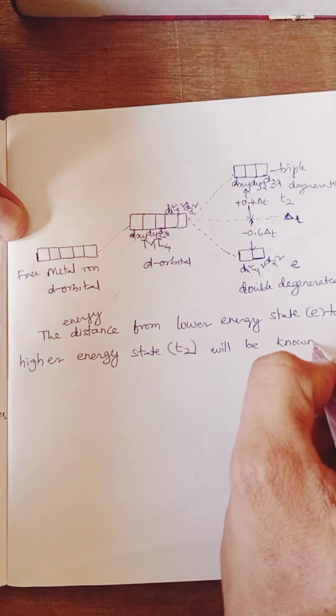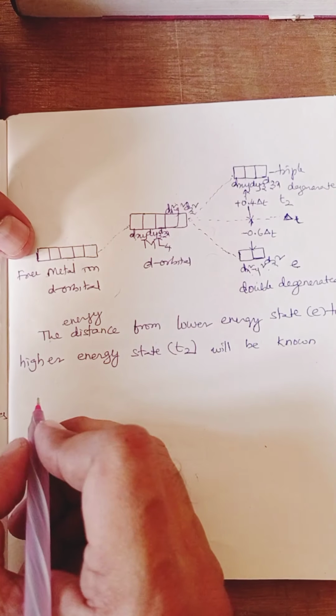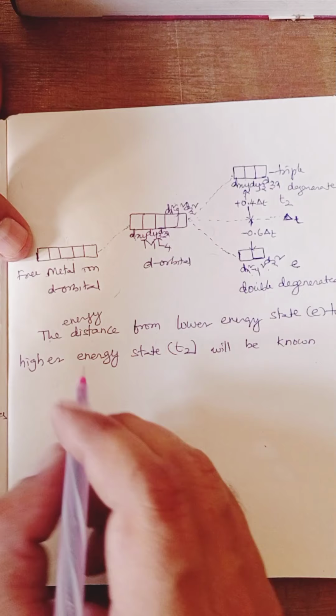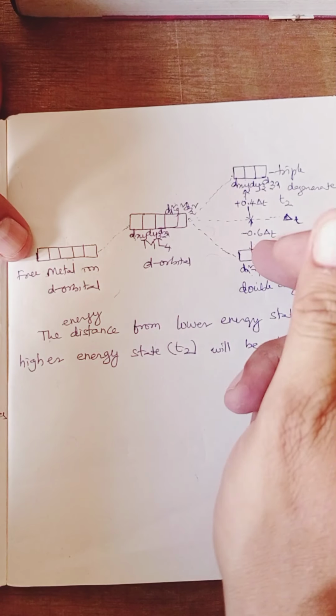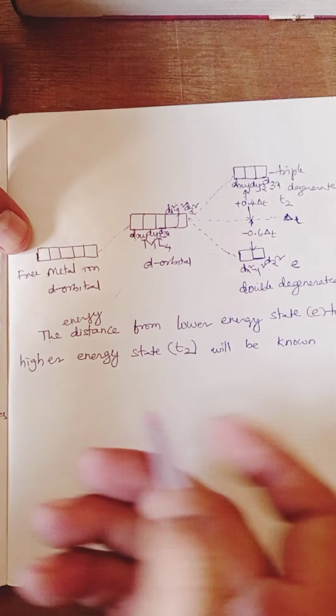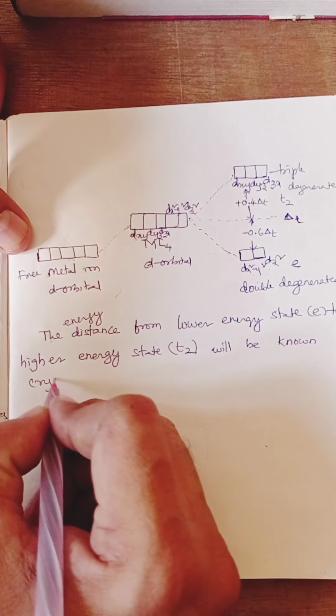It could be known as the crystal field stabilization energy of tetrahedral. It is similar to the octahedral crystal field stabilization energy. The energy distance between the lower energy and higher energy will be known as crystal field stabilization energy.